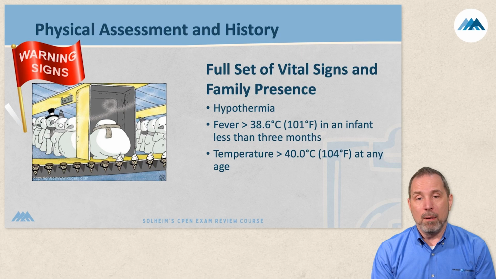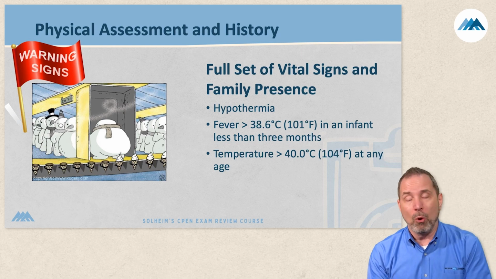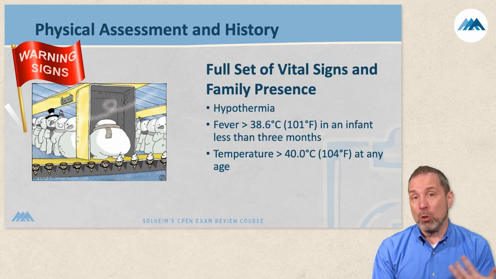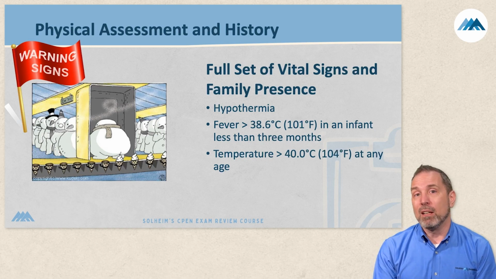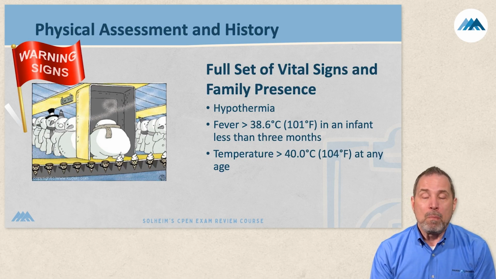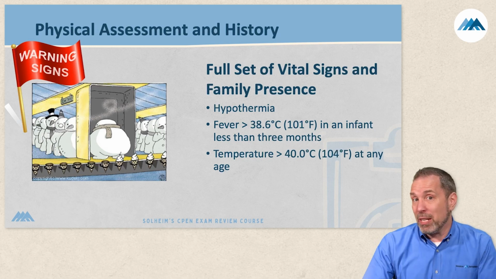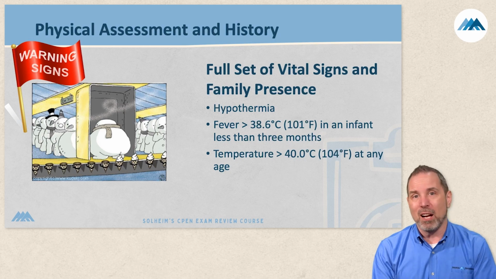But once the body rises above 40 or 104, then the hypothalamus stops working. So it's unable to cool us back down. That's why you have to intervene on a temperature above 104. Now, it would be the same for adults, but most adults can't generate a temperature that high, but kids can. So that's why we mainly talk about this in kids.